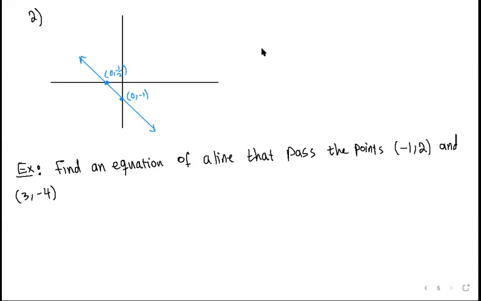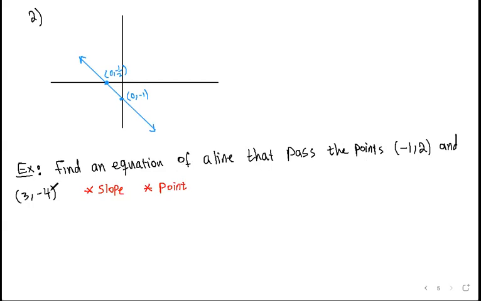Any idea? We need 2 things: the slope and a point. Yes. So to find the equation of any line, I need 2 things. First, I need the slope. Second, I need a point.